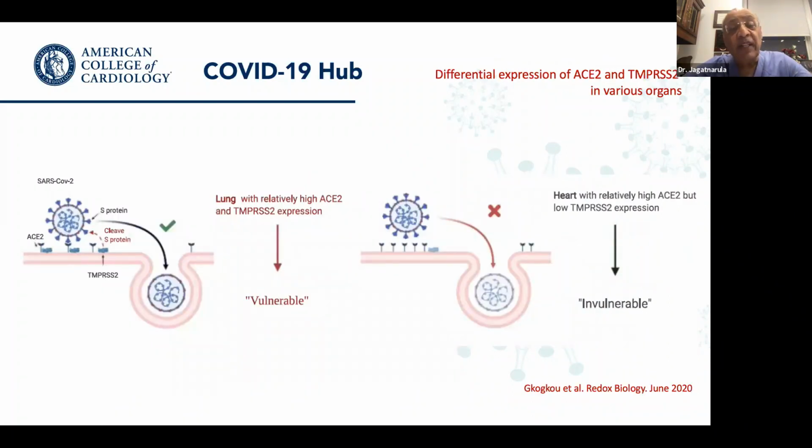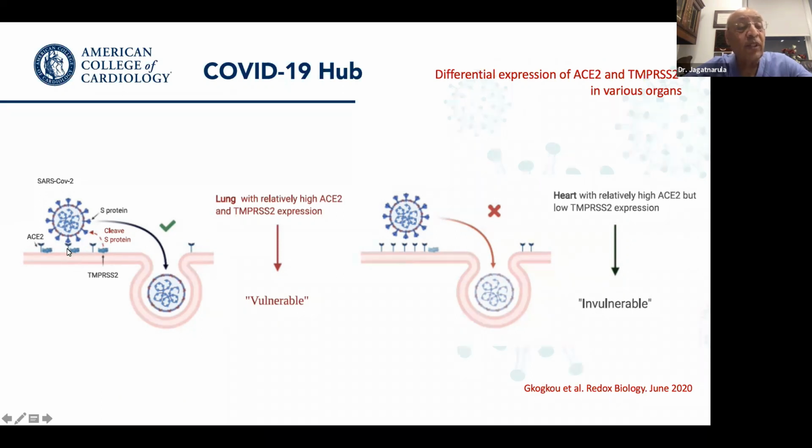So why should we have viral presence in the myocardium? There is a significant expression of ACE2, but we do not see the viruses in the myocytes. And the reason is the lack of TMPRSS2, the co-stimulatory molecule.